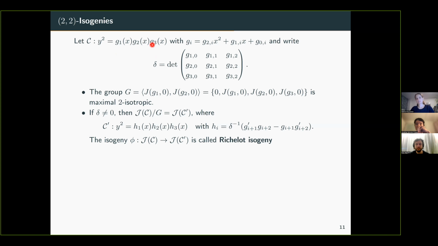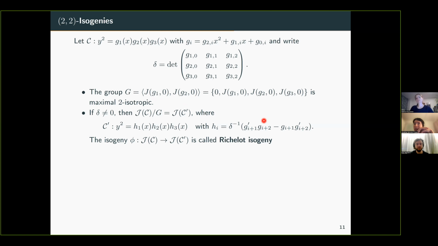So by fixing such a splitting, we choose the first pair of Weierstrass points as the roots of the first polynomial, then the second pair will be the ones that correspond to g2, and the third pair, the ones that correspond to g3. And so what we will look at now is the isogeny that has as kernel the first pair of Weierstrass points and the second pair of Weierstrass points.